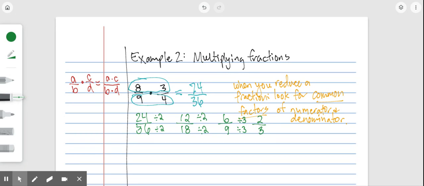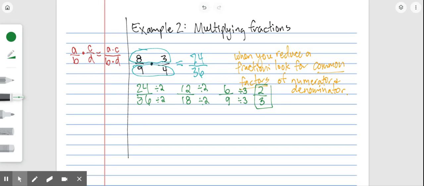Cool. So 2/3. And now 2 and 3 are both prime numbers, I remember from when we talked about prime numbers. So this is the most reduced that fraction can become, 2/3. So 8/9 of 3/4 is 2/3. Whew, totally blew my mind.